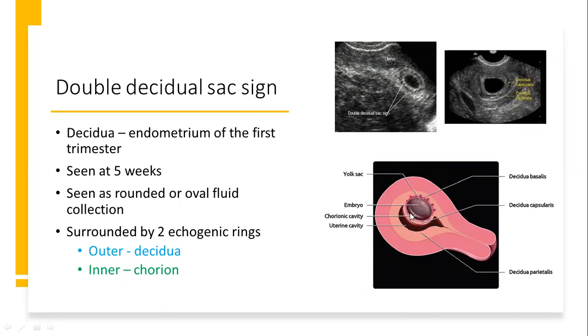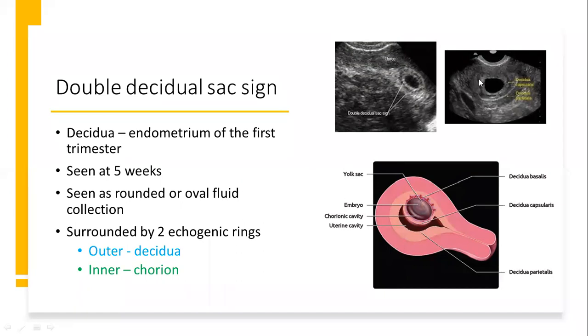So we have our embryo which is implanted here, and we've got our first decidual, which is the decidua capsularis, closer to the endometrial cavity. And on the other side, where the embryo is not attached, that decidual is called the decidua parietalis. So we can actually see a small amount of fluid in the endometrial cavity.